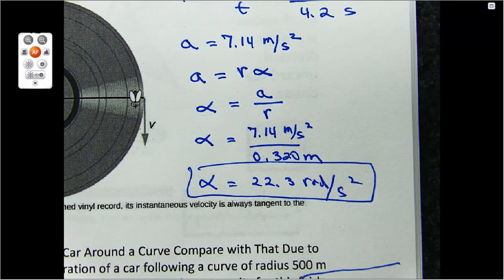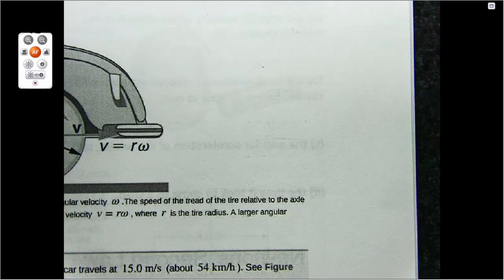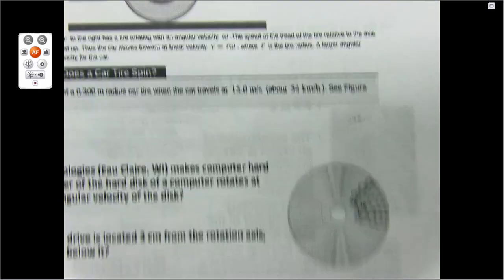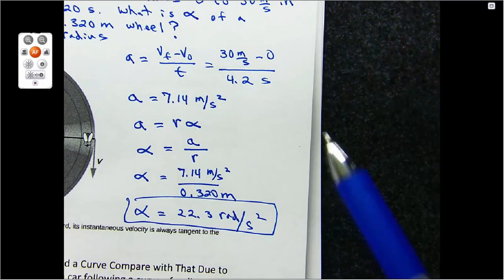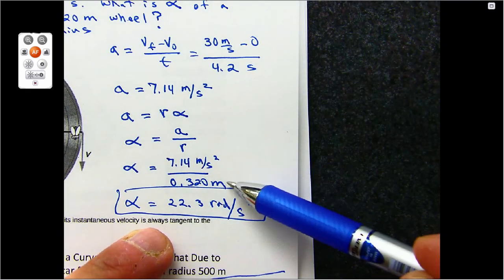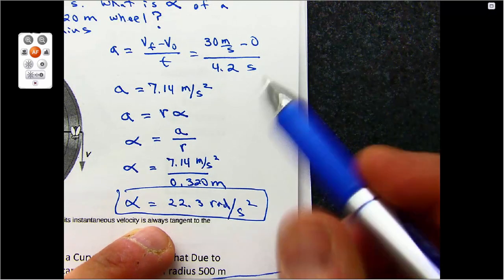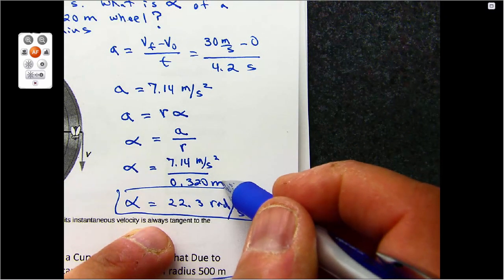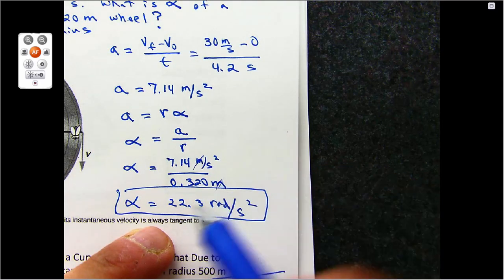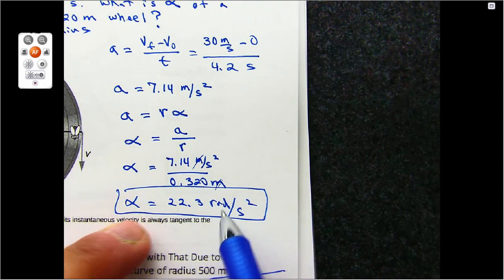Okay. Let's get, this one here I've got everything. Meters are going to cancel out. So if the meters cancel out, you have to have radians per second squared.